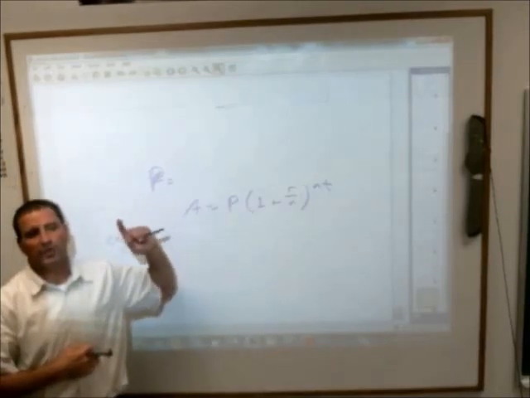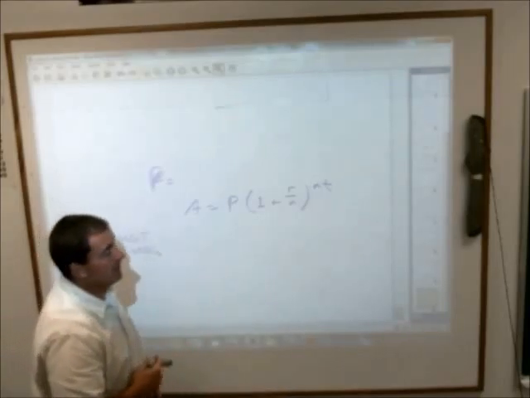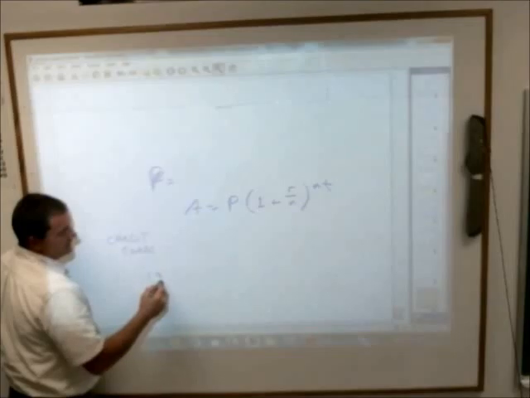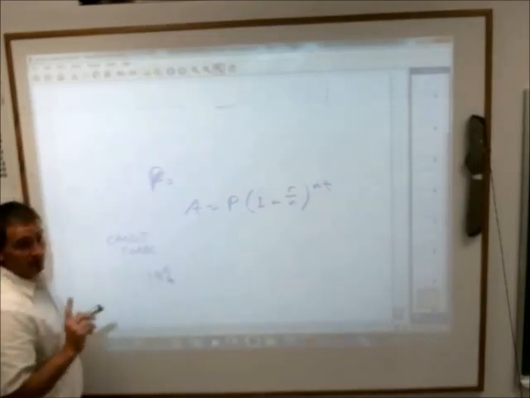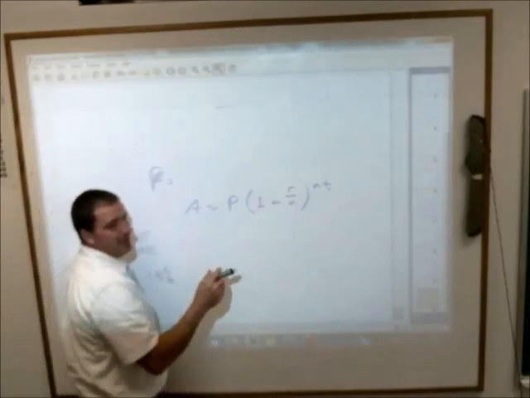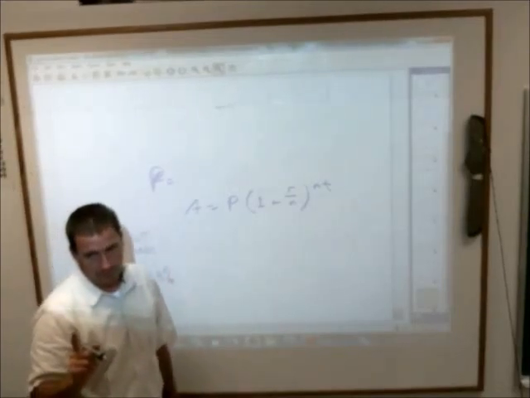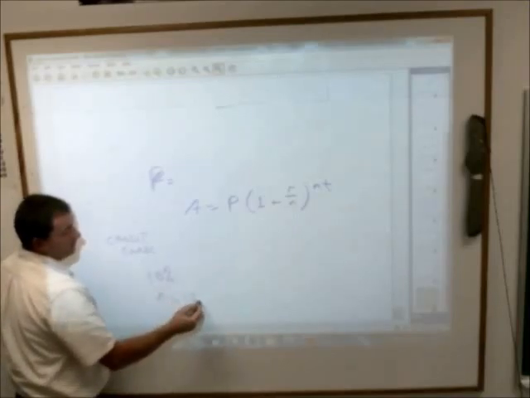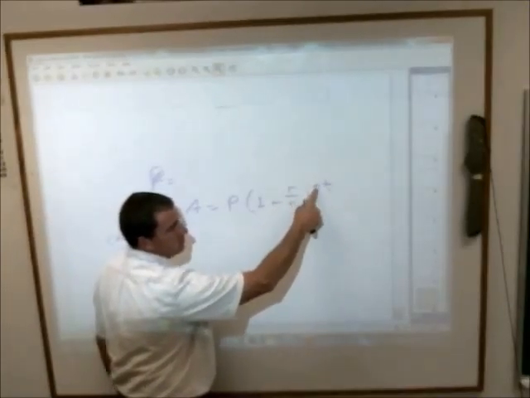The deal with credit cards is that they compound whatever interest rate it is. Let's say you're at an 18% interest rate, which is common for credit cards, but they compound every month, which means the letter N is 12. You do it 12 times.